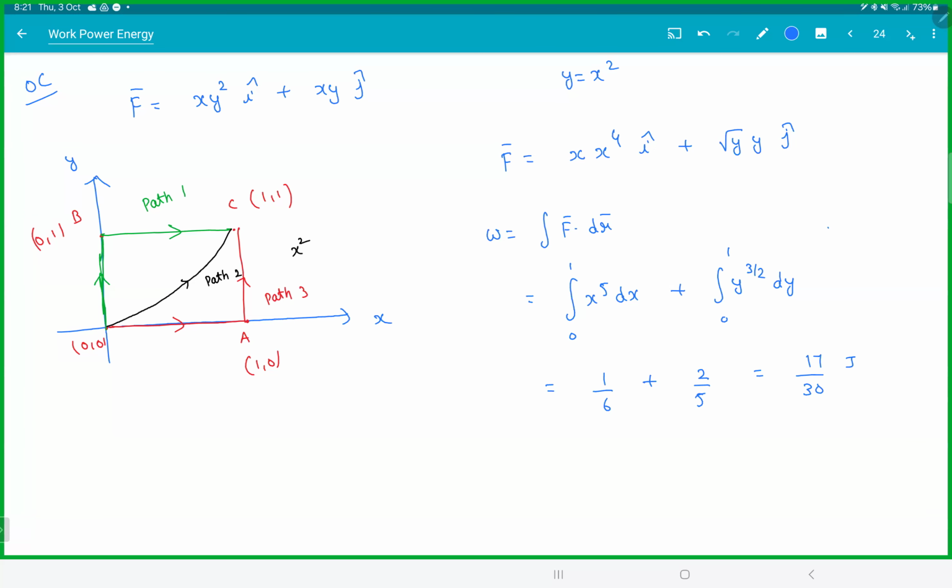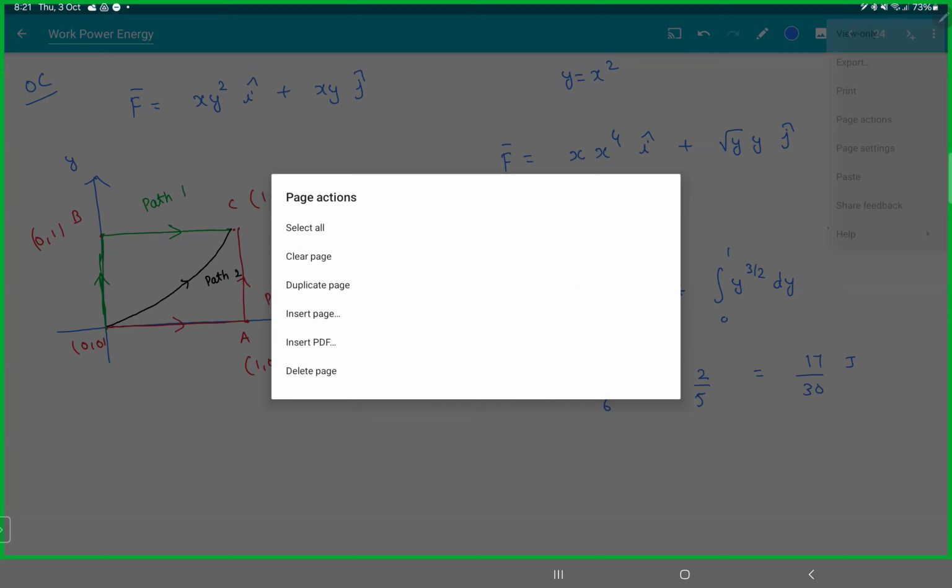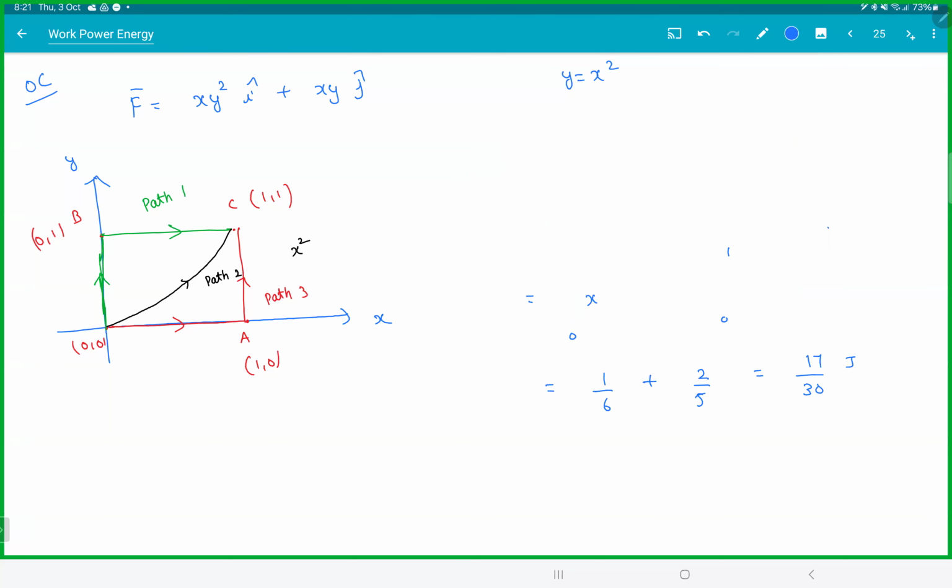Let's see that. So now we are going OBC. So first let's go from O to B. When you go from O to B, x coordinate is 0, force is 0. The work done from O to B is 0. When you go from B to C, y coordinate is 1.